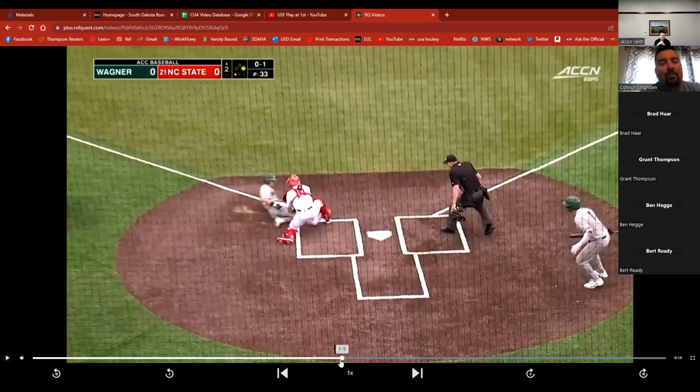Now, if this runner's on third, or let's say this runner's in between home and third, and we obstruct the batter runner after they reach second base, then we would score the run because the batter runner would be awarded third. That makes sense to everybody? Yep. Somebody who knows high school rules might be able to tell me I'm wrong on that one.